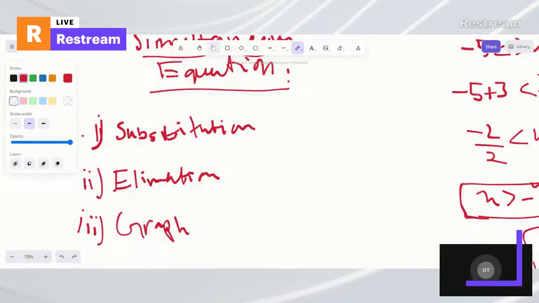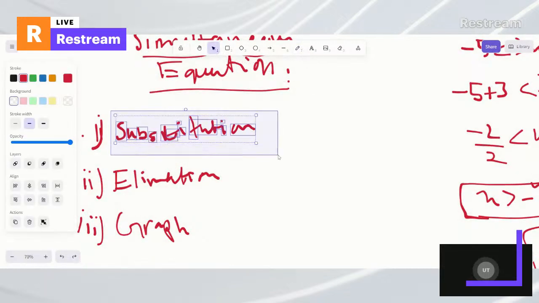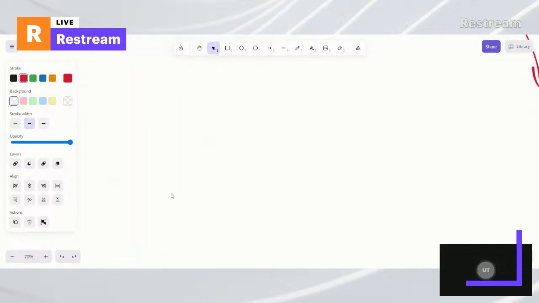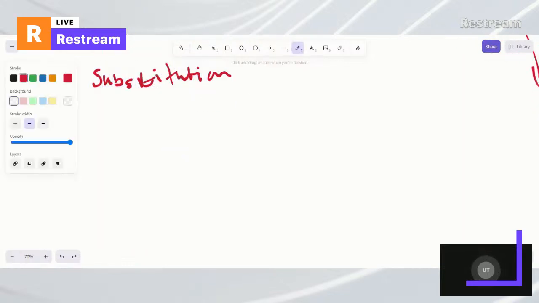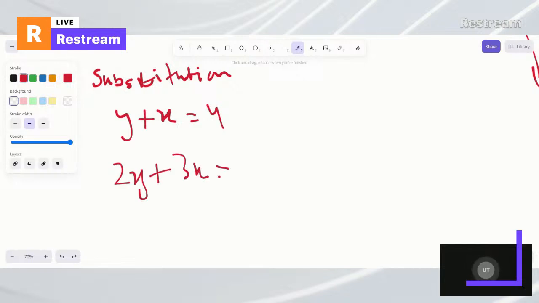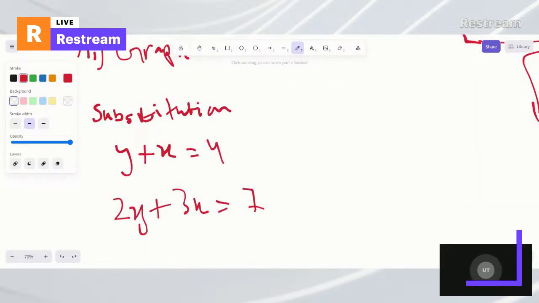Now let's talk about substitution first. In substitution, let's suppose that we have two equations. We have one equation as y plus x equals 4, and another equation as 2y plus 3x equals 7. Now we need to find the values.